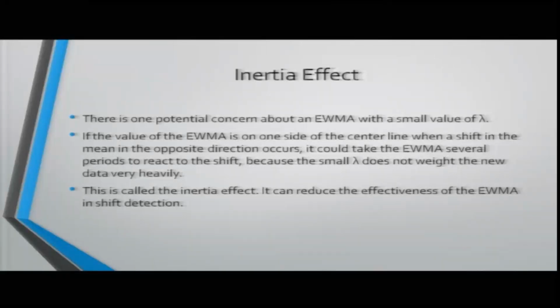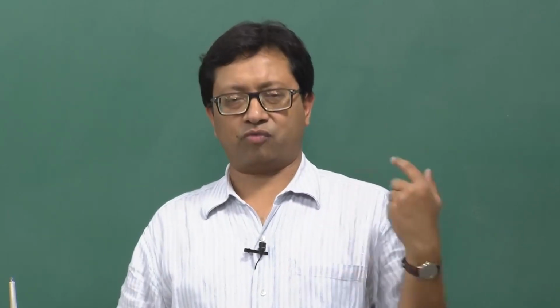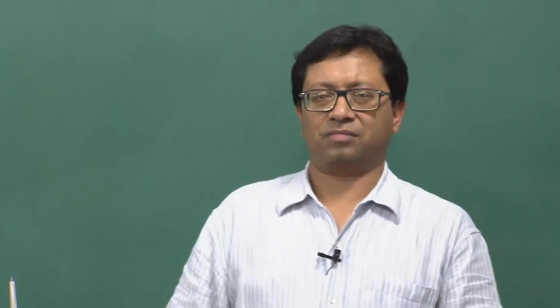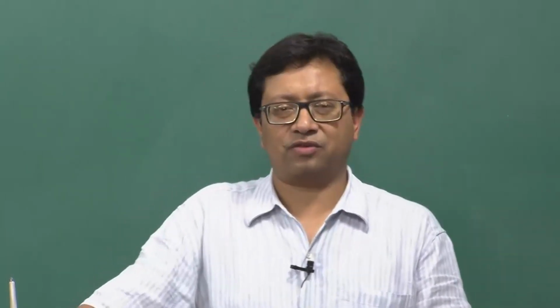It can reduce the effectiveness of the exponentially weighted moving average, depending on the value of lambda. Obviously, lambda would depend on your past experience and what type of data you have, whether it is 1 year of data affecting our reading, or 1 month or 1 week of data. Whatever it is would have a significance in the way we are calculating.